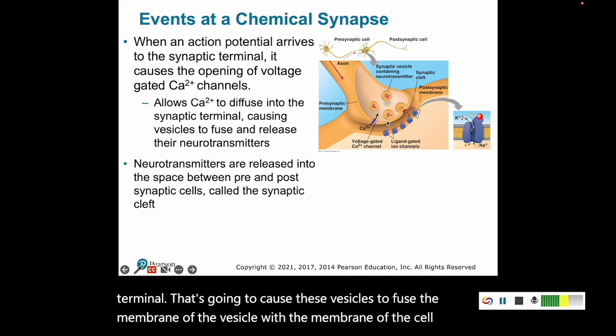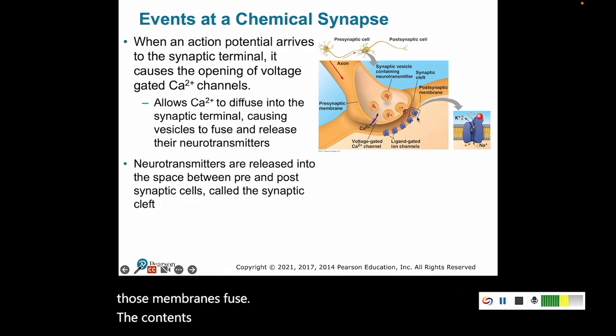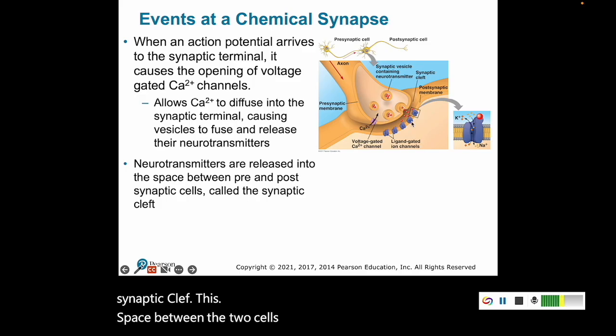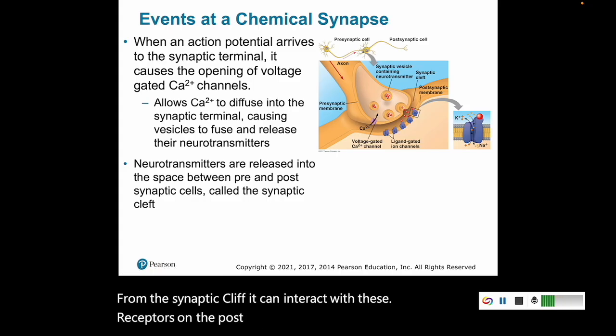And when those membranes fuse, the contents of the vesicle will spew out and travel across this synaptic cleft, this space between the two cells, and from the synaptic cleft, it can interact with these receptors on the postsynaptic membrane.